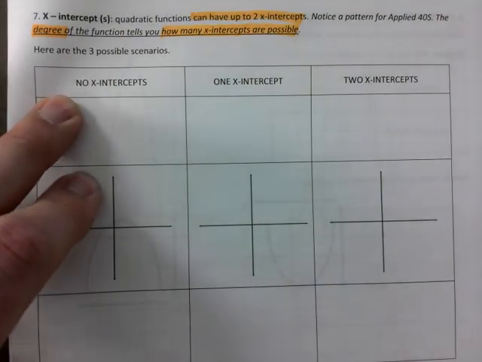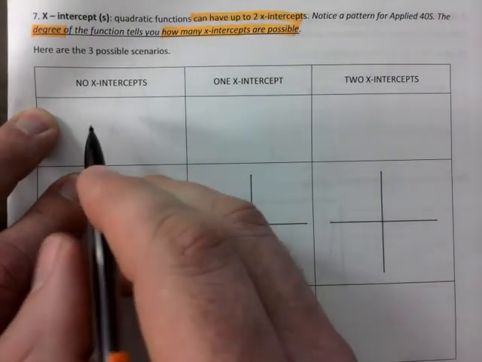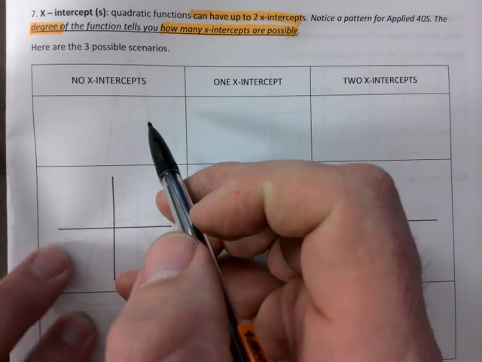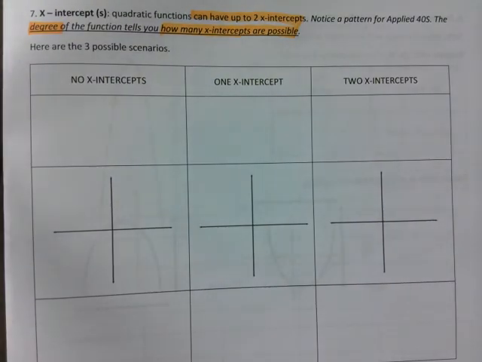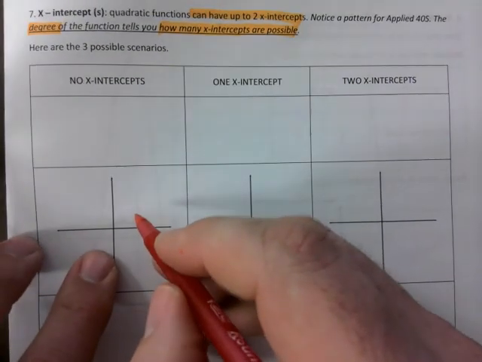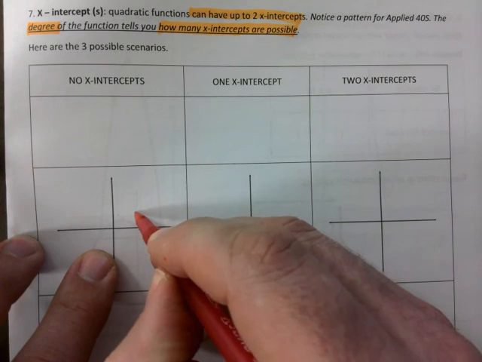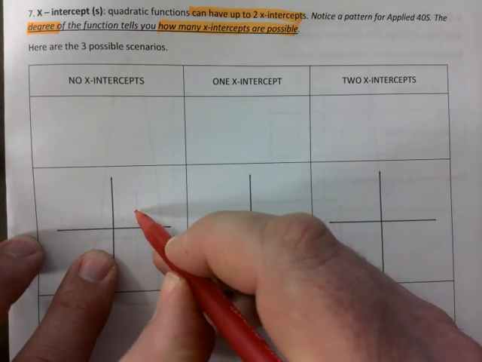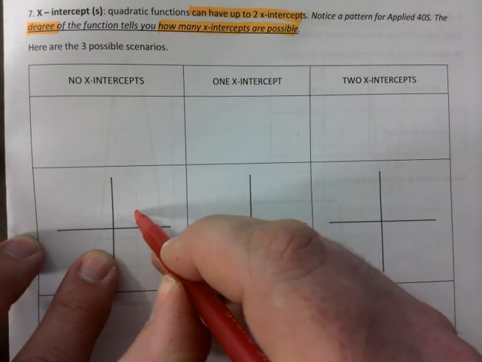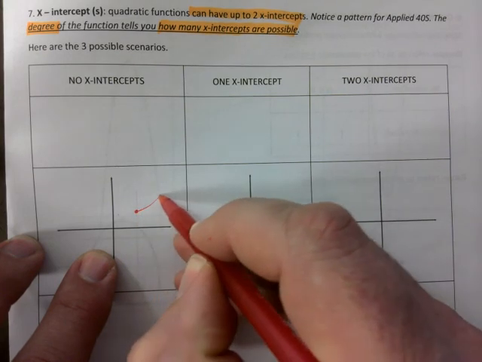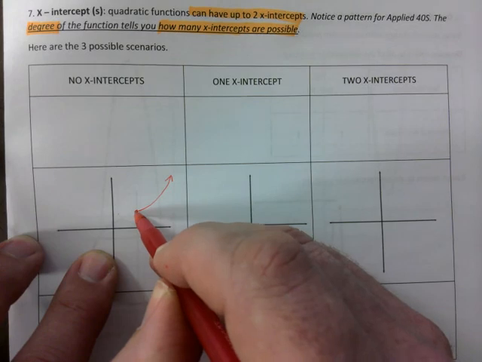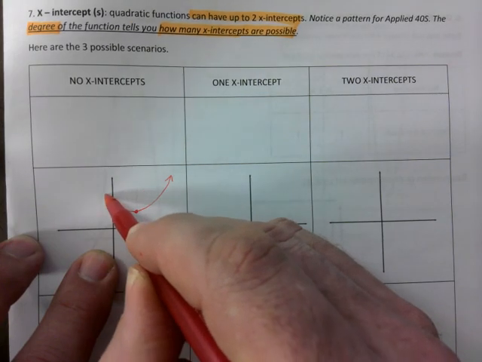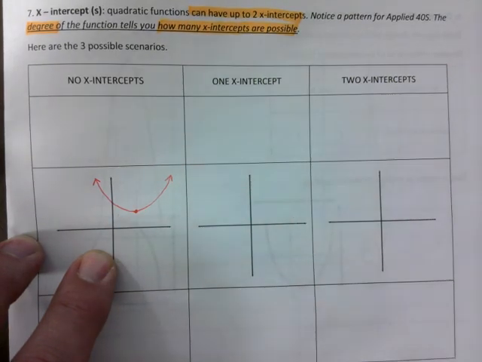So no x-intercepts. When is that going to happen? There are 2 instances. Let's first graph it. The first instance is if your vertex is here, let's say, and this is another way of drawing your parabola. I go to my vertex and then I go this way, go back to the vertex, and I make the second half. It should look about the same.